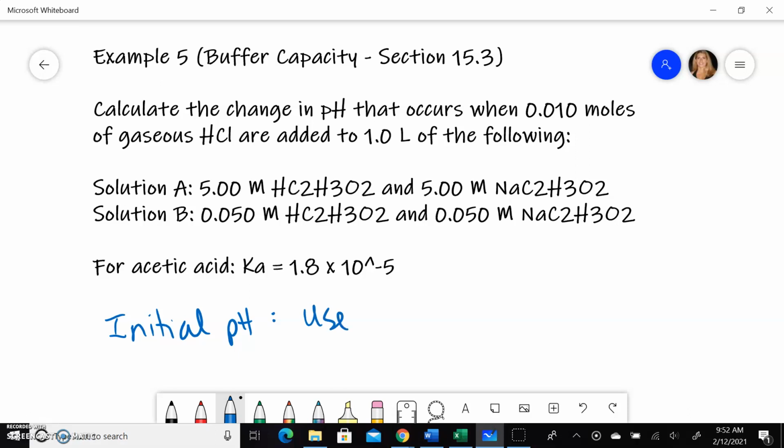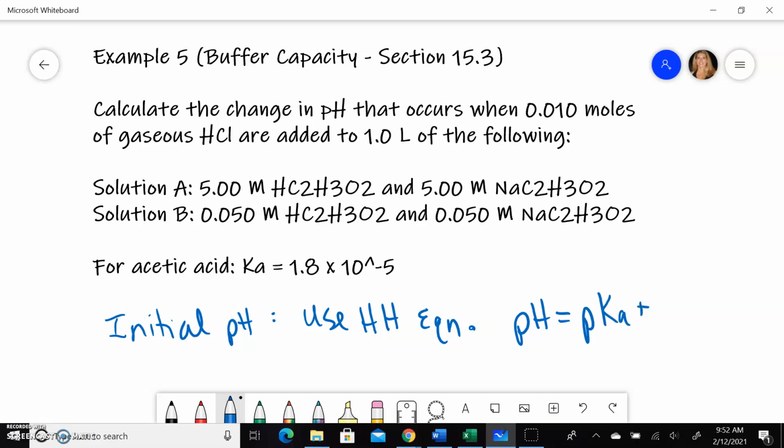We can just use the Henderson-Hasselbalch equation. It is a buffer system. So pH equals pKa. Remember to put the acid on the bottom.